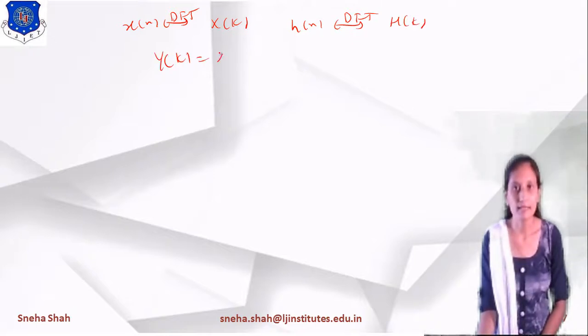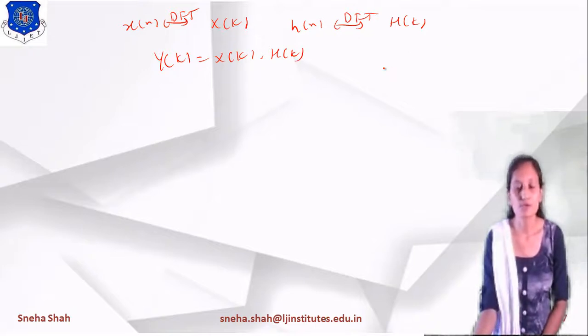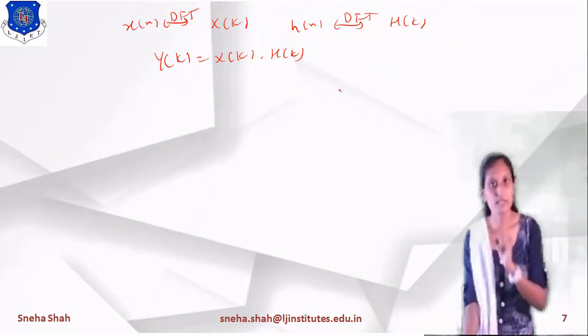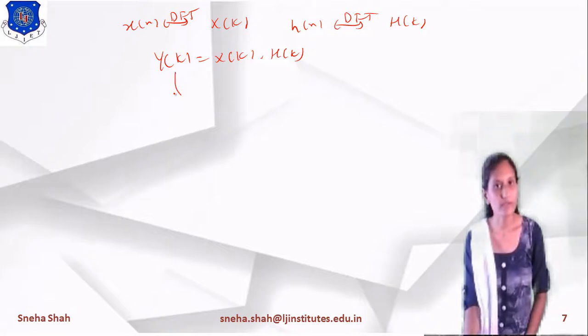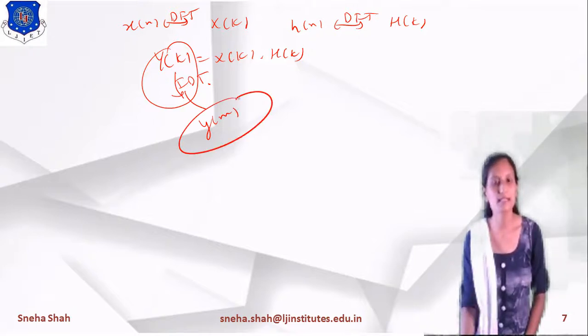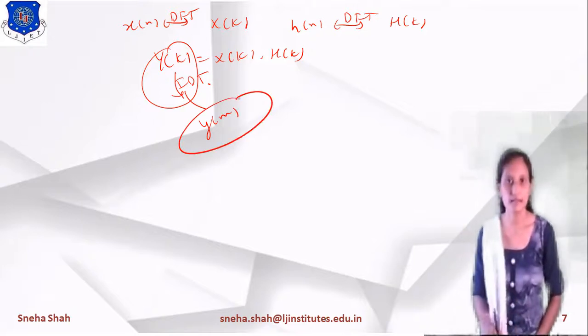Now if I multiply these two terms x of k into h of k, it will give you the circular convolution in the frequency domain, right? So I am finding y of k, and if I take the IDFT of this, it will give you the answer y of n, which is the circular convolution of these, right?